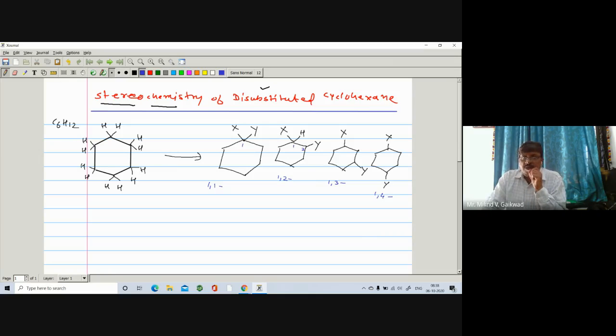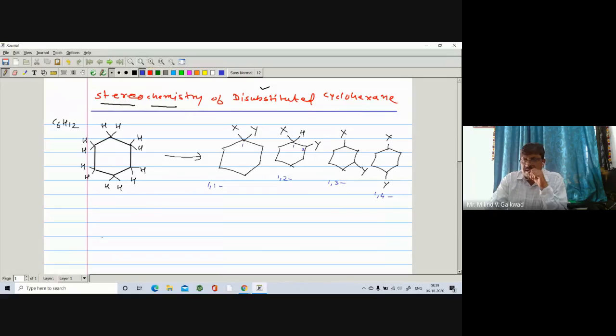It means when two hydrogen atoms from the cyclohexane are replaced by two substituents, then it is called a disubstituted cyclohexane. So they are 1 1, 1 2, 1 3 and 1 4 cyclohexane, right? Now this is about the substitution pattern, and we have to learn about disubstituted cyclohexane. So firstly, we'll take this 1 1 disubstituted cyclohexane, right?